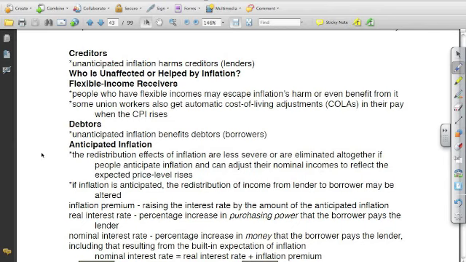And debtors, so if you owe money to someone, inflation's good for you, because if you keep paying a constant amount over time, the actual worth of that amount gets lower and lower, so it impacts you less and less on the whole.